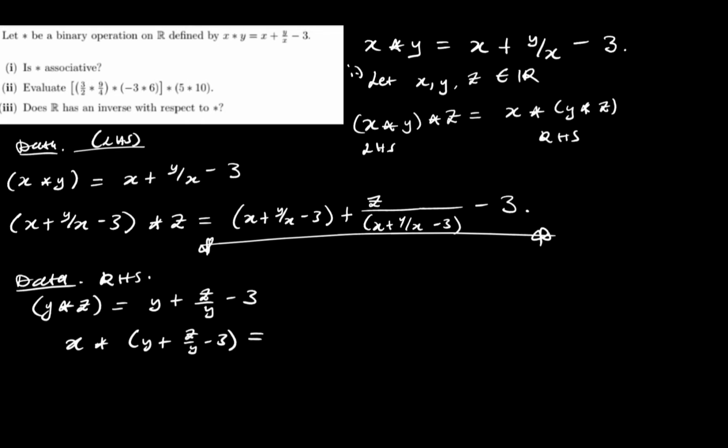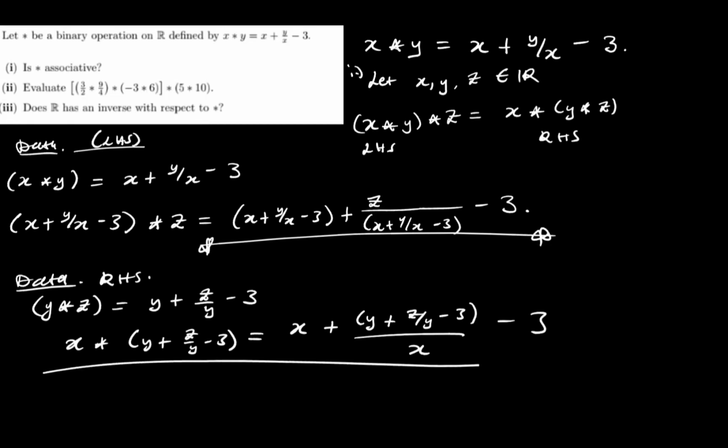And this will give us x plus y plus z over y minus 3 over x minus 3. And this is our right-hand side. Now, as you can see, the left-hand side is not equal to the right-hand side. Therefore, we conclude that star is not associative.